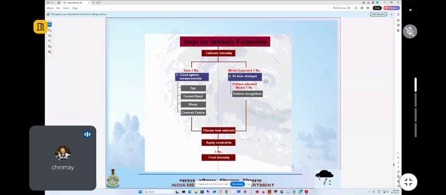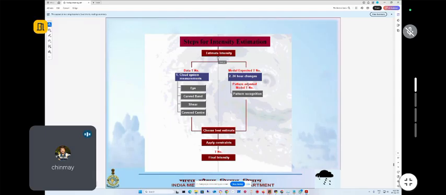Now you can see here there are different T numbers: data T number, model expected T number, and pattern adjusted model T number. So we will see what exactly is happening. This is just the introduction. In your syllabus, you have just the introduction to this technique. So whenever there is a cyclone, you start with this, and the first thing you have to find out is where the center of the cyclone is.